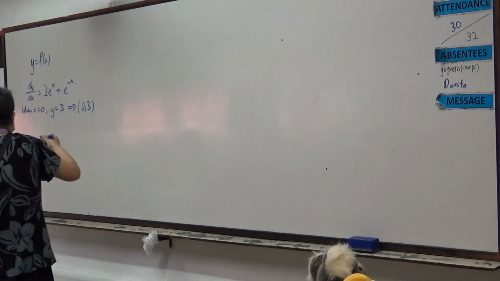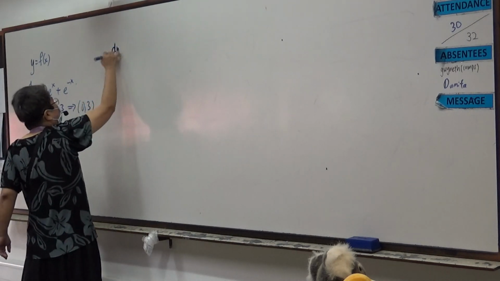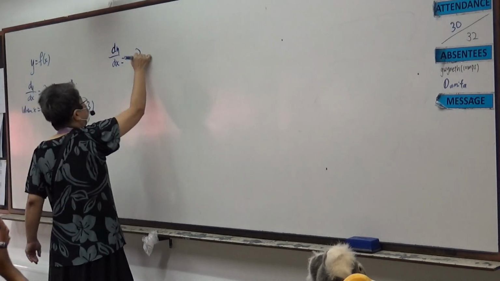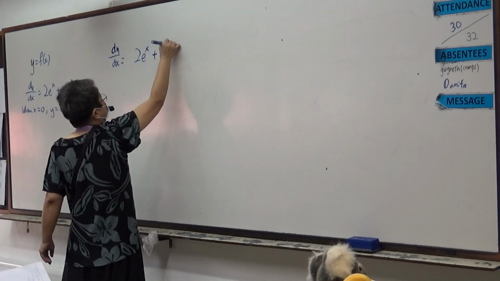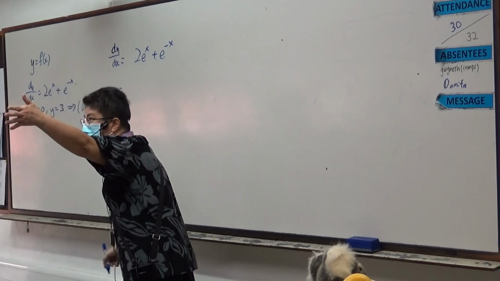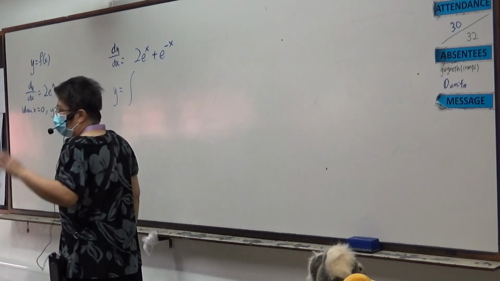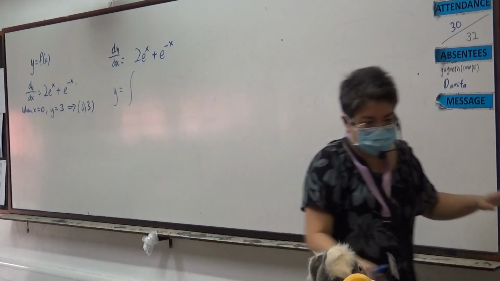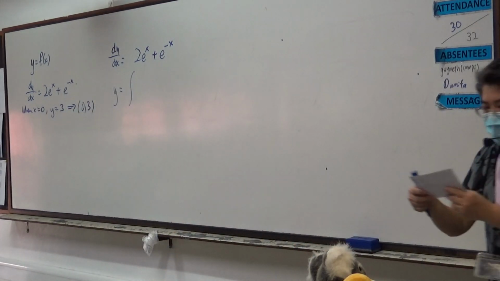Alright. Now, dy/dx is this. Okay. If I want to find y, what do I do first? I integrate. Okay, oh yeah, before I forget, I missed out one question that I want to tell you just now.